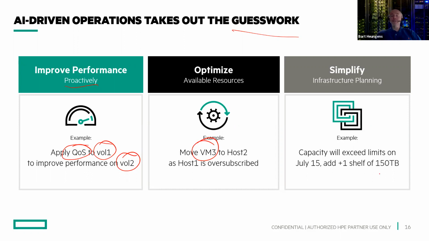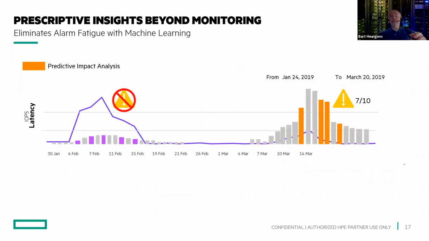Also a nice one is, because we have a view on the storage, well, Mr. Customer, if you keep on adding data on that storage array, by the end of July 15th, this is really short from now, but in 3 months or in 6 months, you've got to add a shelf or add capacity, something like that. Or maybe on your network, you need more bandwidth. This is what InfoSight is going to give you: answers to these questions, okay? Because this is the information that comes out.